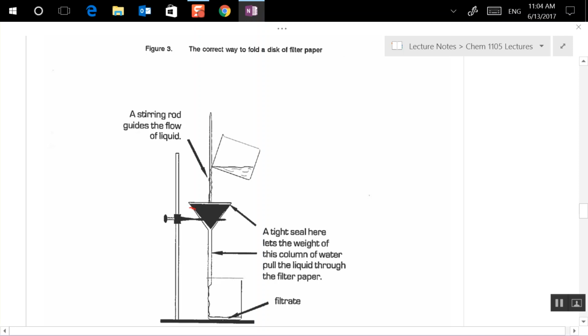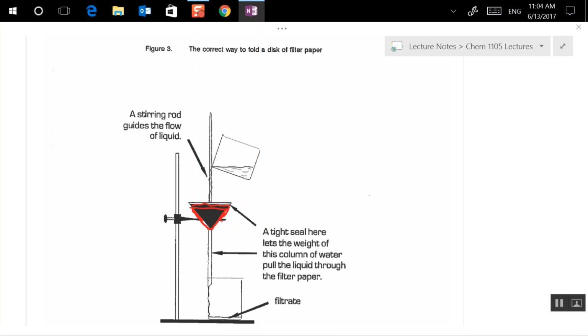So the filter might only go to about right there. Okay? And if I dump so much of this that it goes all the way to here, then what can happen is it can get between the filter and the funnel, and it will run down through here without being filtered.